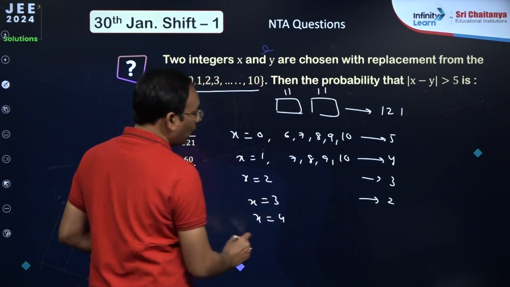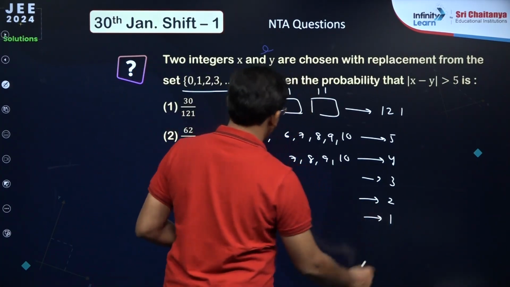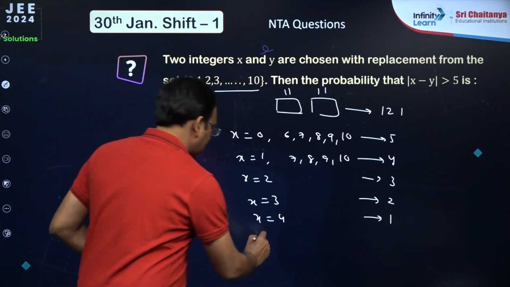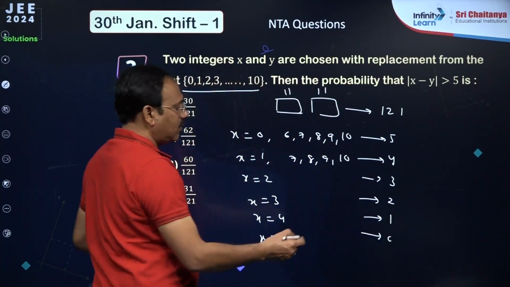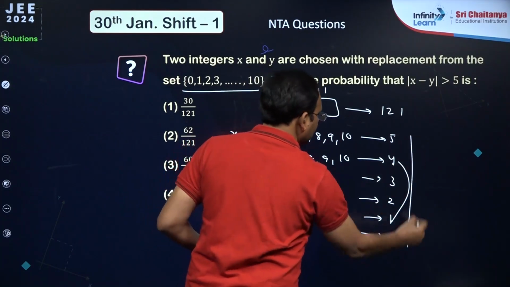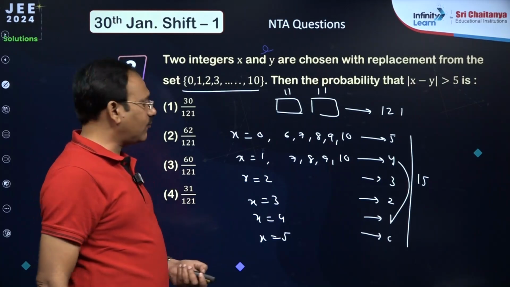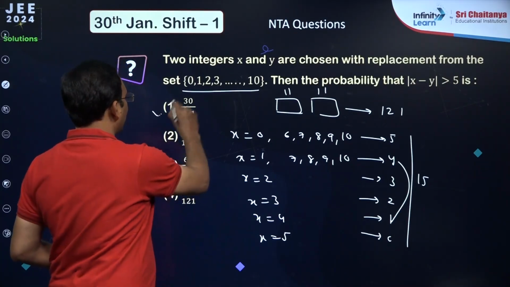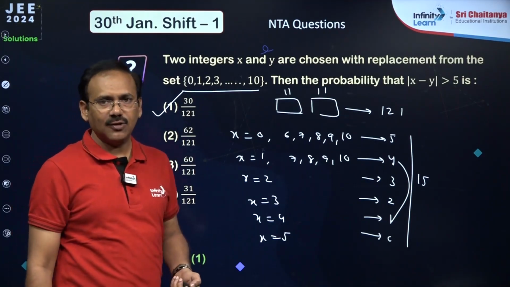X is equal to 4 means difference must be more than 5, 1 possibility. If x is 5, not possible. So in the reverse order also possible. Altogether here 5, 4, 3, 2, 1, that is 15 possibilities, and the reverse is also possible. 15 into 2, 30 possibilities will be. So 30 out of 121 is the probability, dear student. That is option 1.